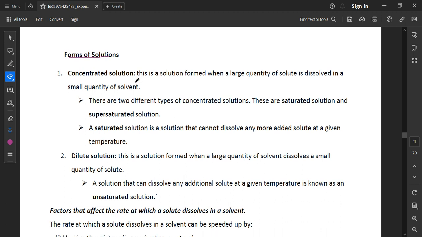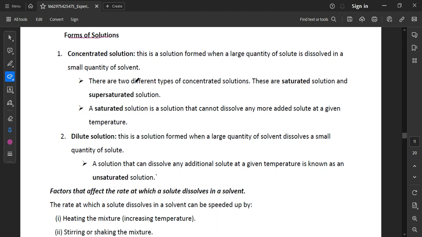A dilute solution is a solution where there is a large quantity of solvent and only a small quantity of solid. You can remember it as excess water and very little sugar. A solution that can dissolve any additional solid at a given temperature is known as an unsaturated solution.